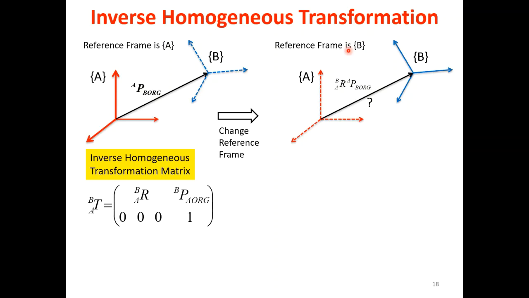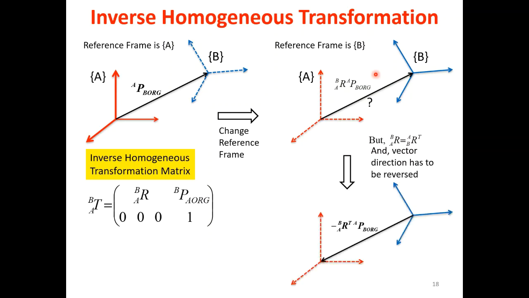You change the frame of reference, you pre-multiply the vector with the rotation matrix. You have to keep an eye on what is the reference frame, what is the relative frame. Don't mix things up. So this is the vector of origin of frame B, right? With respect to A, it's here. With respect to B, it's like this.